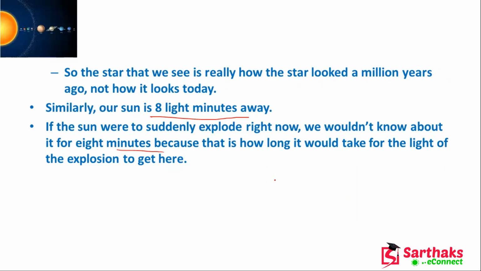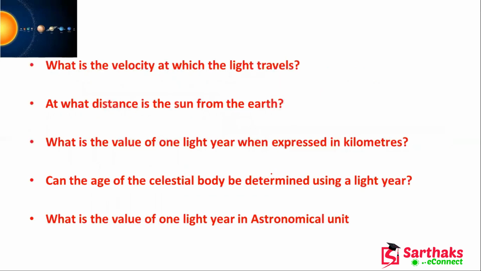Suppose there is an explosion, to reach our end and be visible, we require 8 minutes. So that is the main point, that we are not able to see the light at that very moment, whatever has been emitted due to the explosion on the sun.